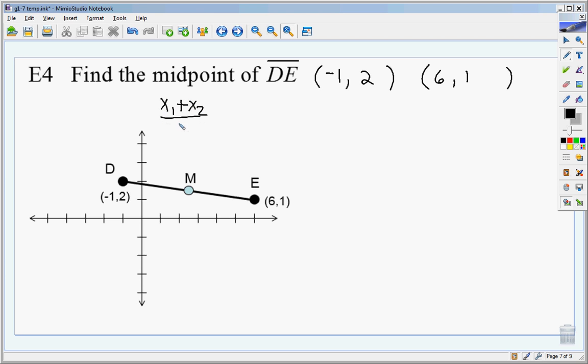The midpoint formula says x1 plus x2 over 2, y1 plus y2 over 2. And just like the distance formula, until I had that formula memorized, I'd write it down every time I had to use it. The more times you write it, the quicker you're going to memorize it. Label your parts: x1, y1, x2, y2. Plug them into the formula.